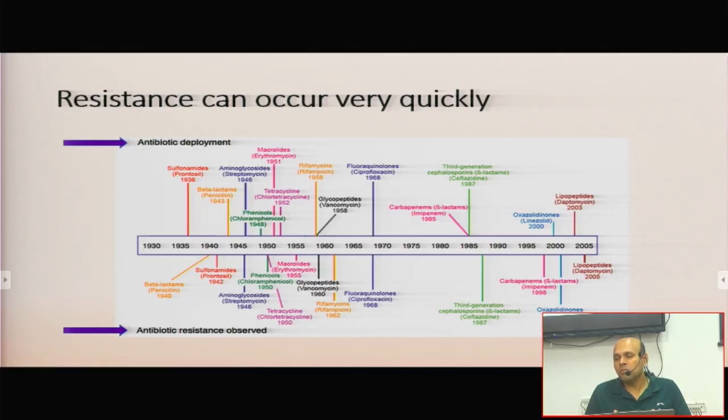Just like we are surviving and evolving, we have the fittest microbes in the environment, which will survive antibiotic pressures and all the stressors. There are all sorts of stresses that microbes are exposed to on a day-to-day basis.